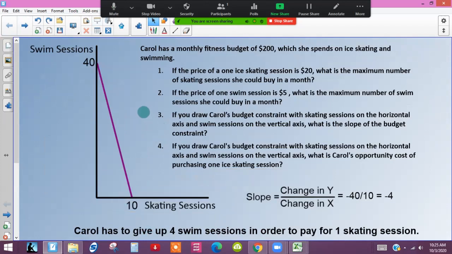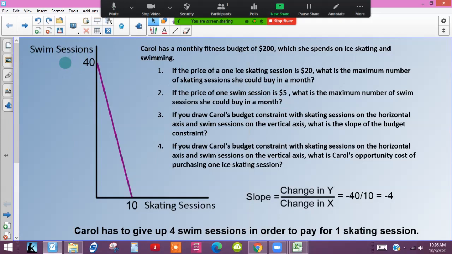Now, the next question is, if the price of one swim session is $5, what is the maximum number of swim sessions that Carol could buy in a month? Well, once again, you simply divide her total budget, 200, by the price of swimming, and that's going to be 40. So we would put that number on the axis that you put the variable swim sessions.